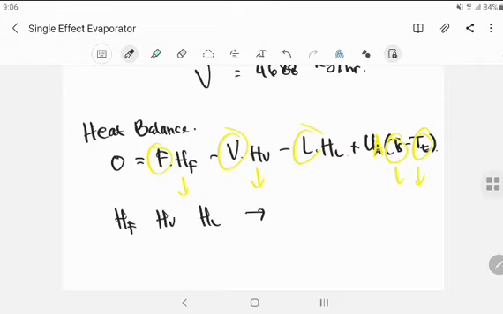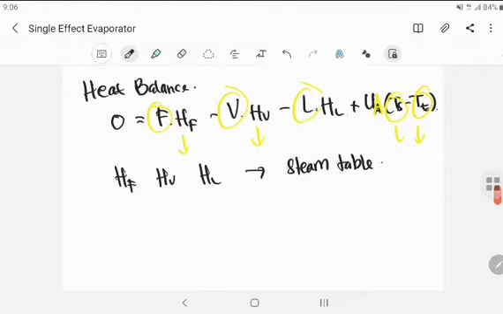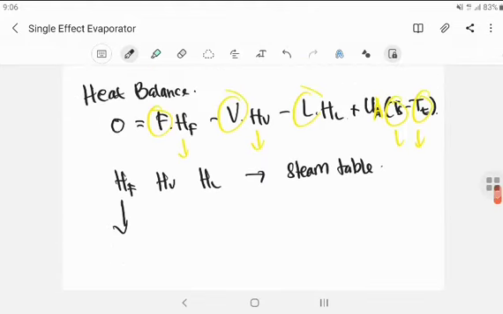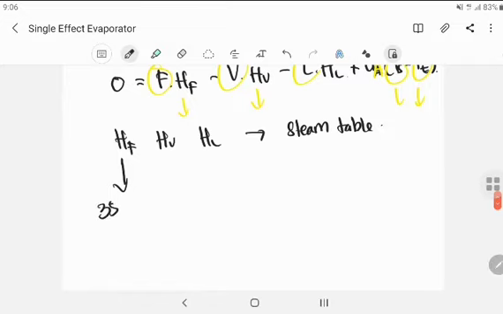So where can you find the HF, HV and HL? You can find them from the steam table. From the steam table, you can find the enthalpy of the water. The HF you will get as 356 kilojoule per kilogram.